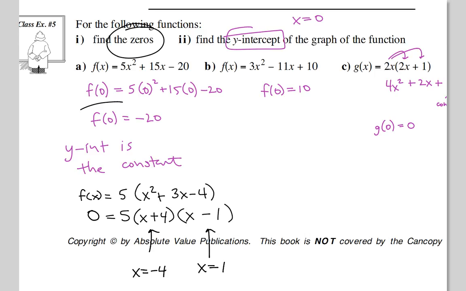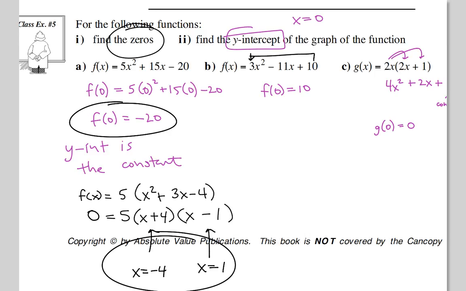Okay, so we got a y-intercept and we got our x-intercepts. Next one's a little bit more challenging because they have an a value that's not 1. So what's the AC value? 30. How does 30 break down? No, 15 and 2 won't work. 6 and 5? Okay, 6 and 5.